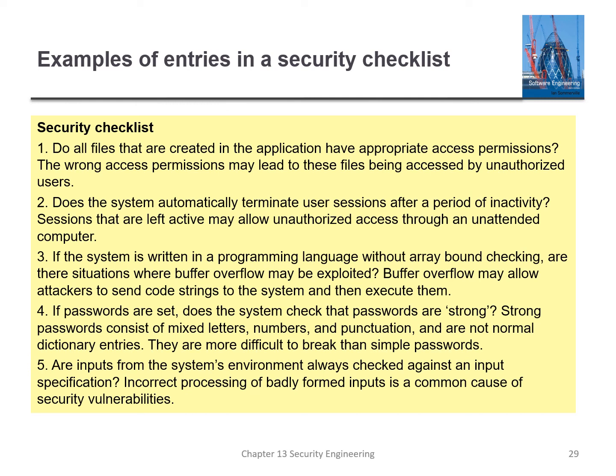I think if you Google for security checklist, there is a common checklist that you can use, and you can use this checklist to check whether the system has all these important actions related to security. They check, for example, the inputs of the system environment, are they being checked against input specification? So what happens if badly formed inputs are input into the system? How does the system handle it?